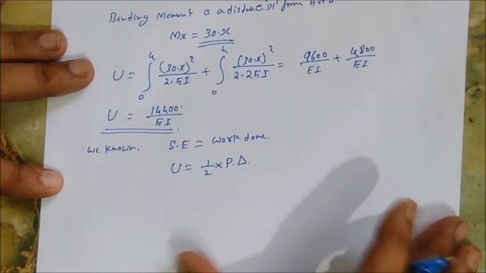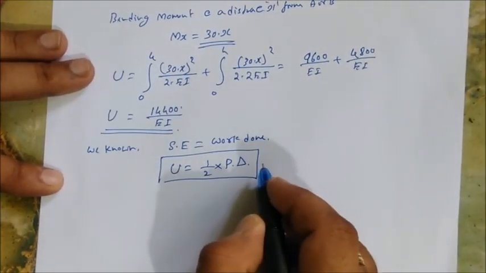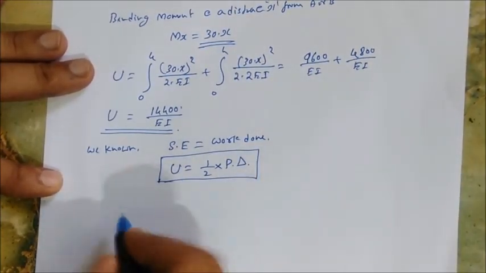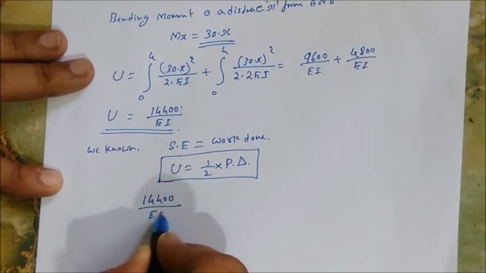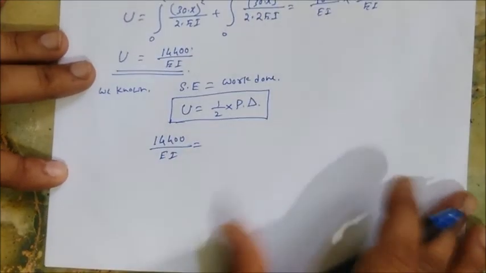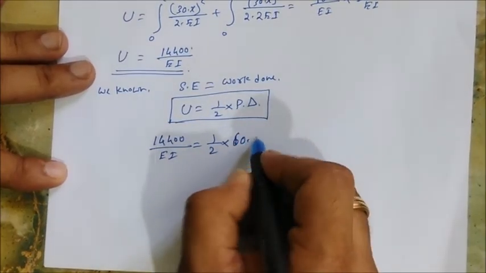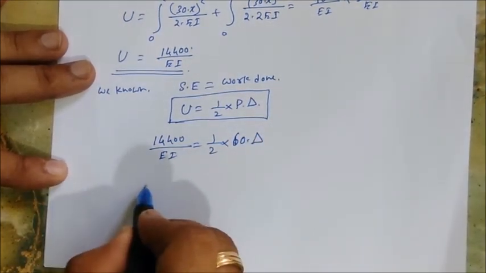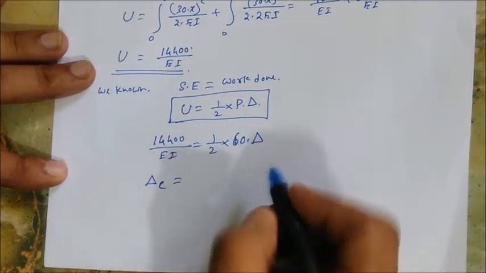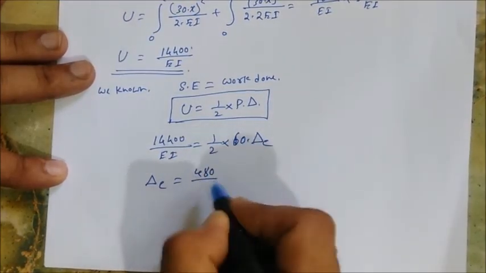This is the basic equation you have to remember: one is the strain energy, and one is this equation. Now substitute the value of U here. 14400 divided by EI should be equal to half into P, where P is 60, into delta. What I want is delta C. If you calculate, delta C is equal to 480 by EI.